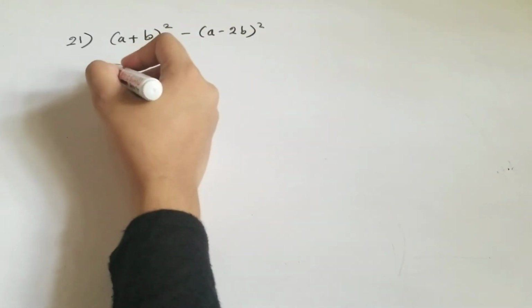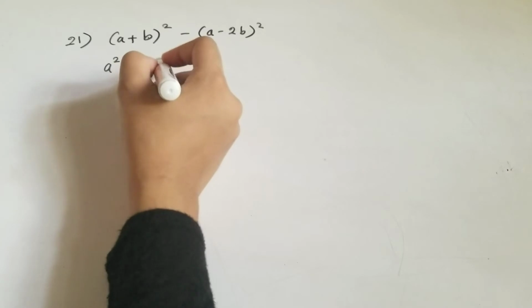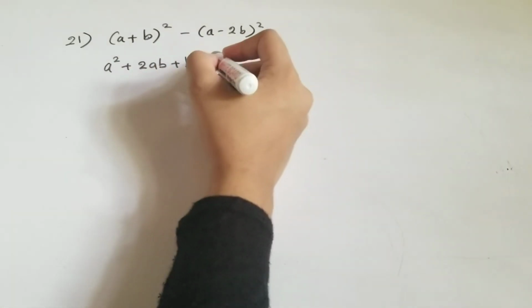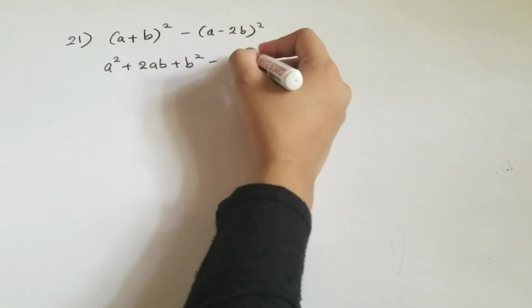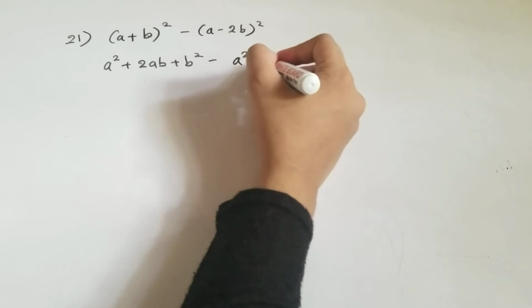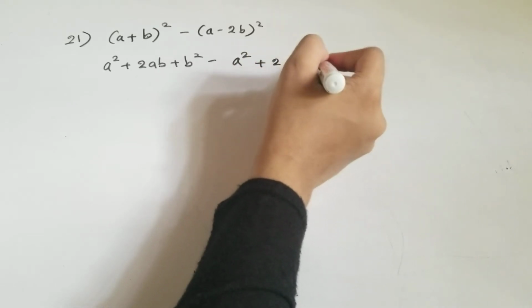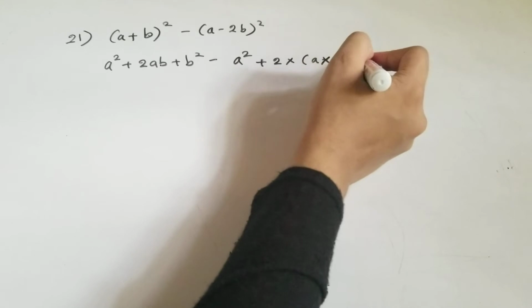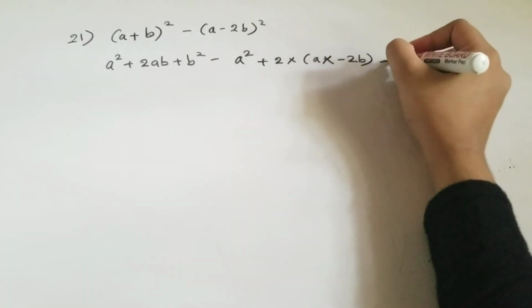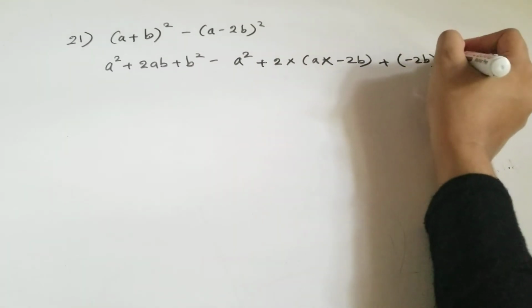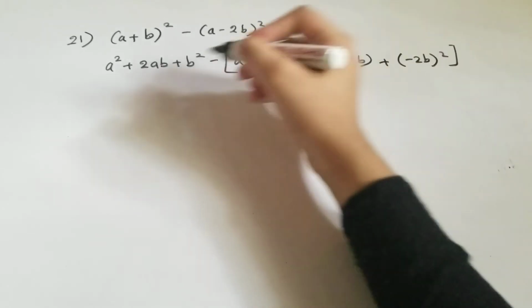Right, square of the first term a squared plus 2ab plus b squared, minus again a squared plus twice the first and the second term plus square of the second term. So this has to be done very carefully because negatives are there.